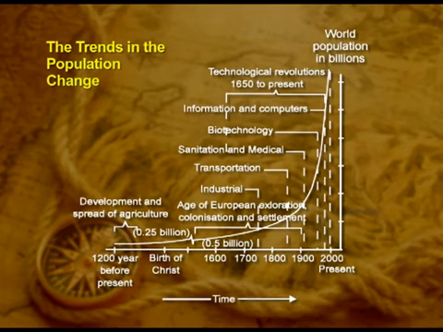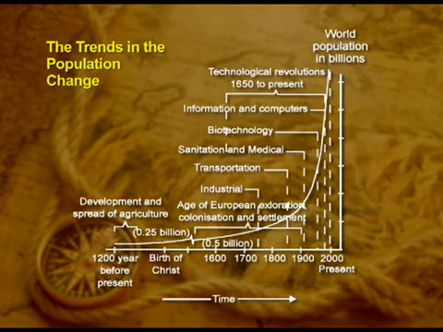Let us look into the period from 1600 to 1800, which is marked by the age of European exploration, colonization and settlement. This was the time when the voyages were made to the new lands and people dispersed in far-off places.